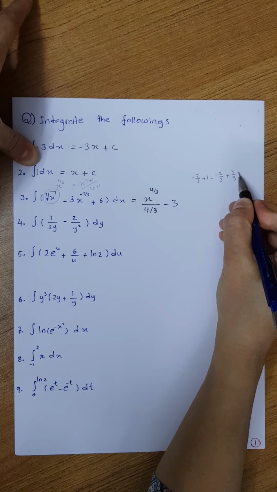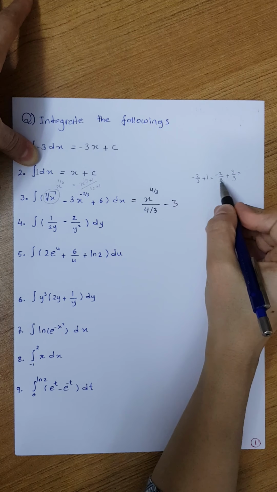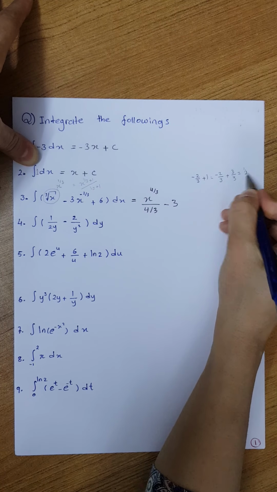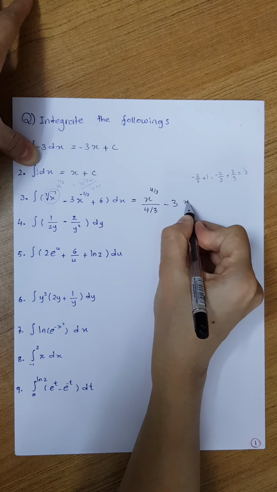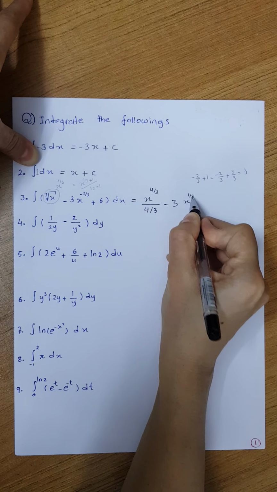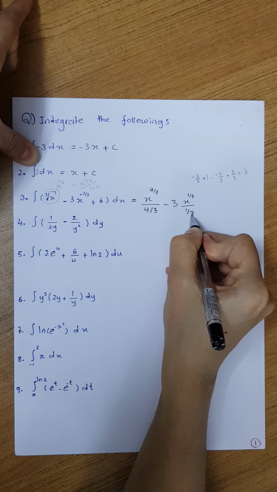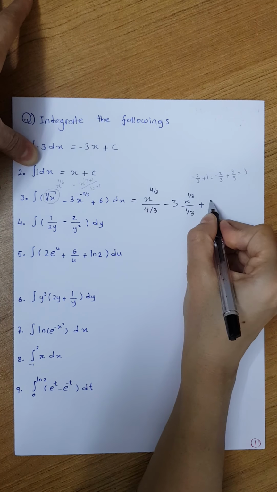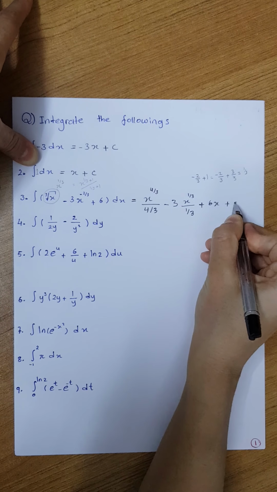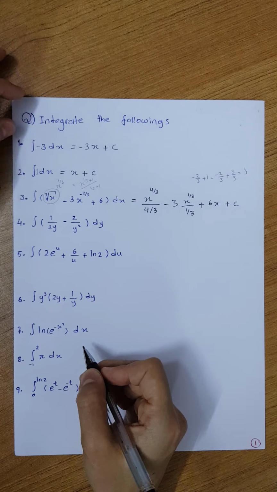So that one is equal to what? If you look at this, it will be 1 over 3. So the integration of this x will be x to the power of 1 over 3 all over 1 over 3. Plus 6 is a constant, so that will be 6x plus c.